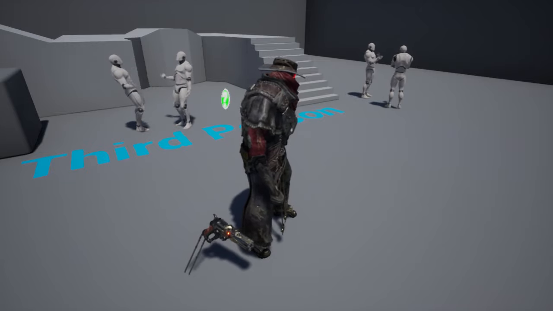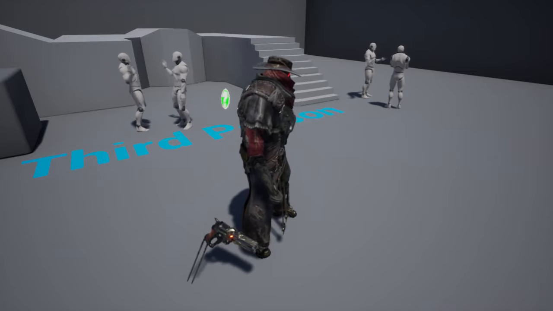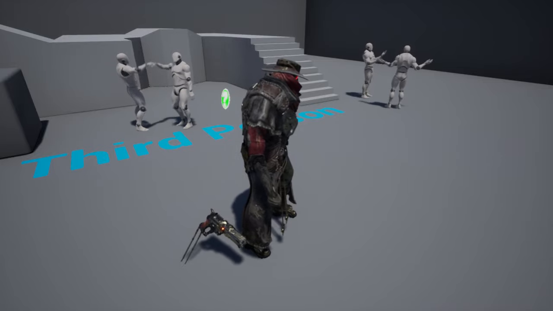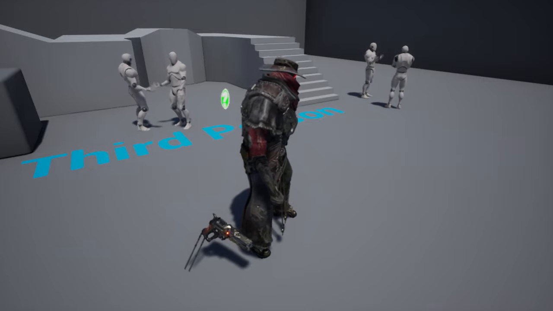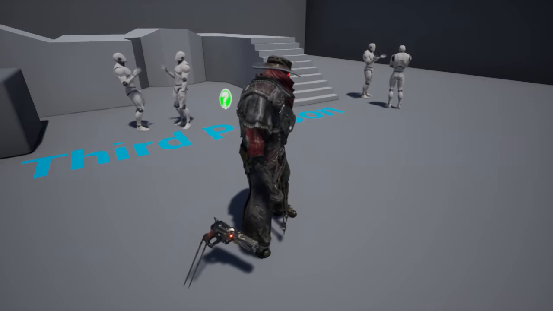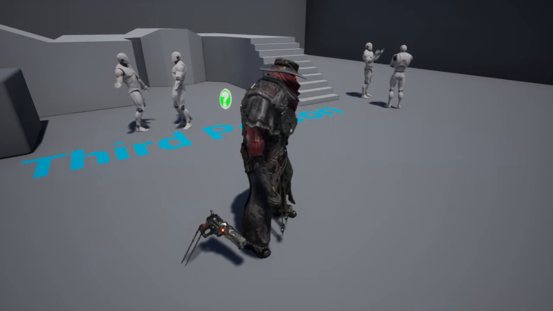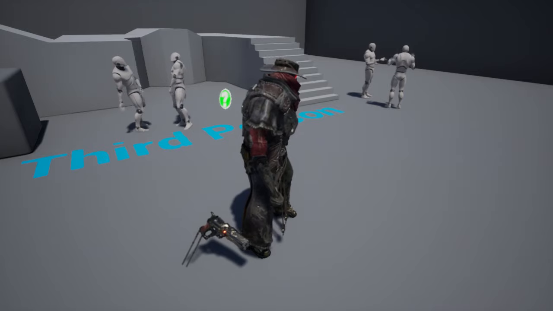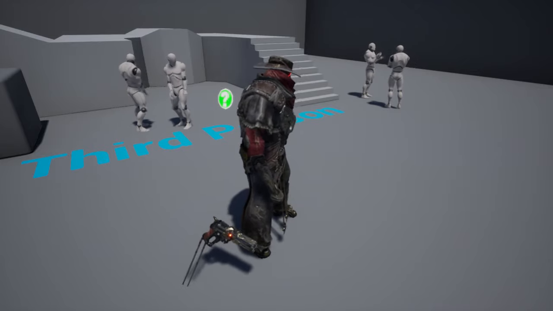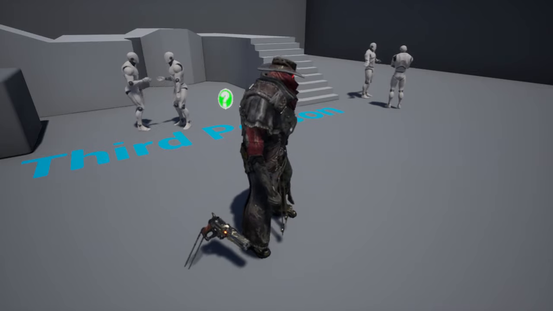Now, one of the things, that floating gun there, you could take that out, and then it looks like just him. You could put the gun in his hand, let's say, and then it would figure out how to do that properly. Or it could be just like a spectral gun that floats with him.